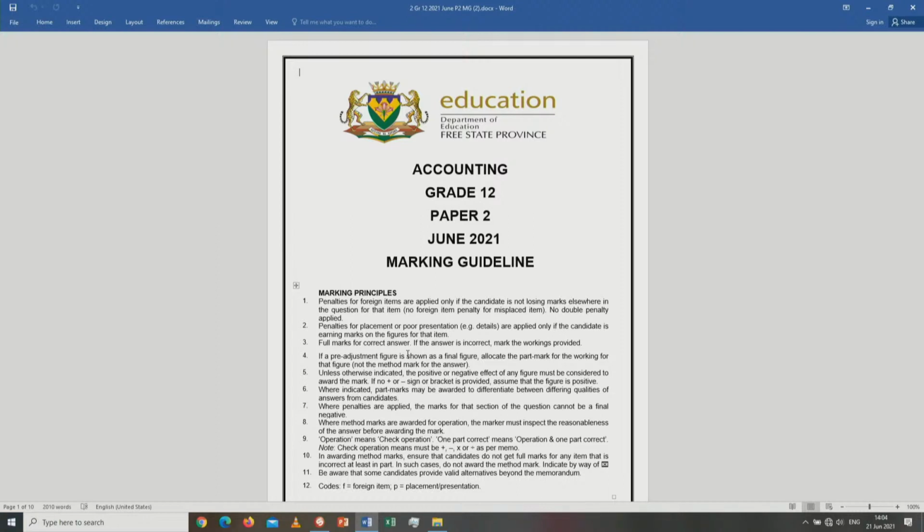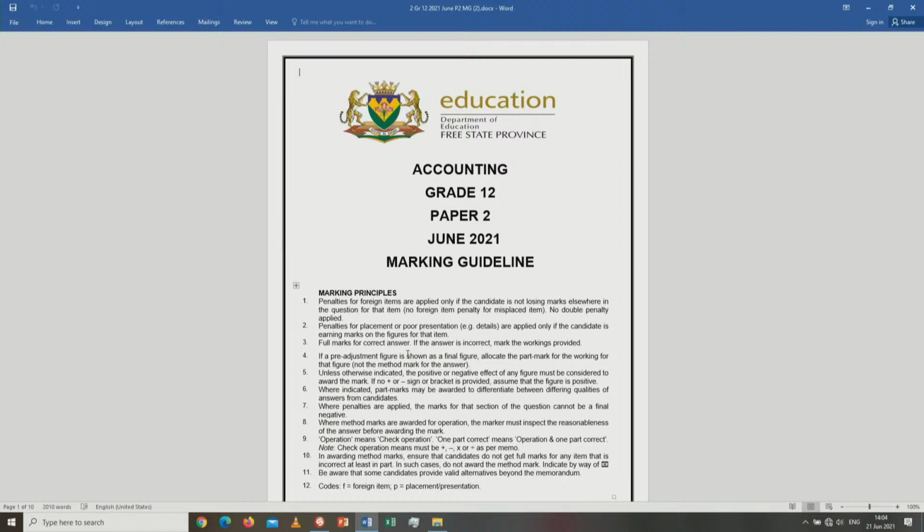Operation means check operation. 1 part correct means operation and 1 part correct. Note, check operation means it must be a plus, a minus, a times or a divide as per the memo, right? So that's also important. In awarding method marks, ensure that candidates do not get full marks for any item that is incorrect, at least in part. In such cases, do not award the method mark.